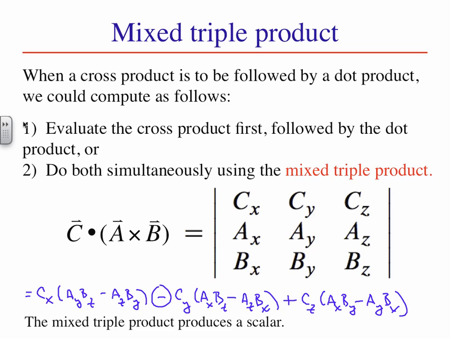Since all the quantities in this array are scalars, the mixed triple product also produces a scalar.